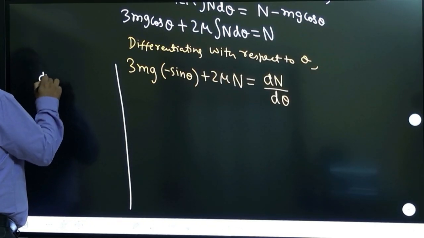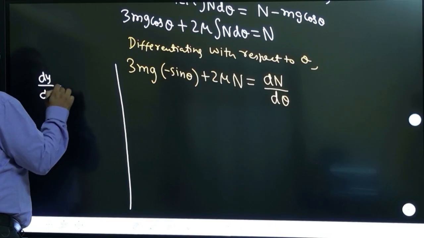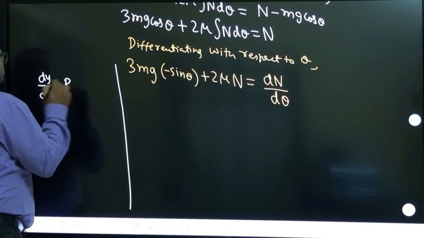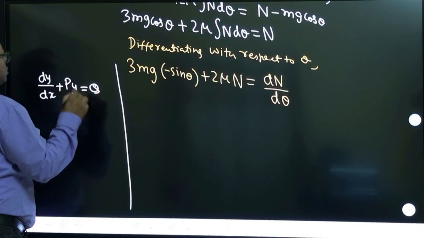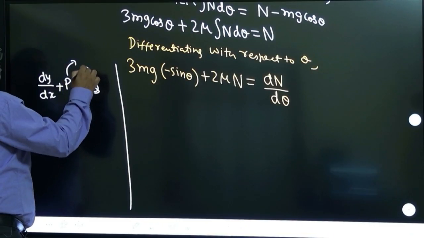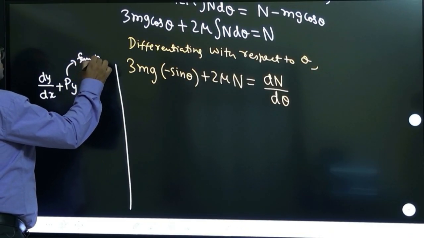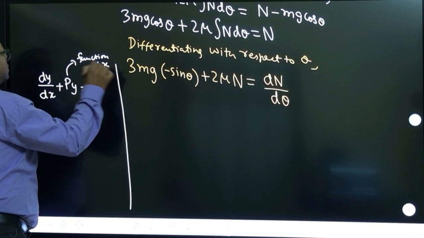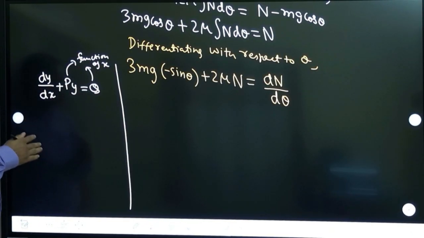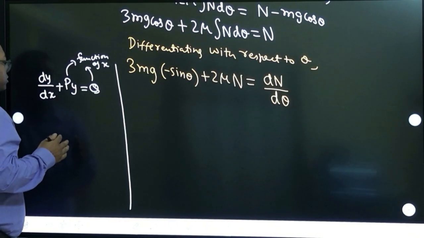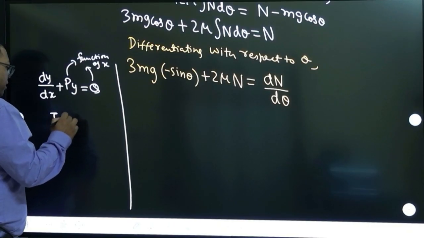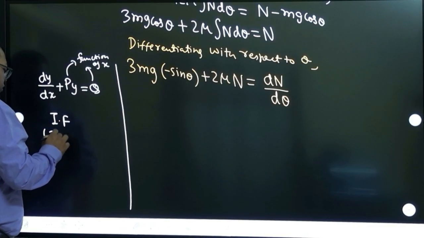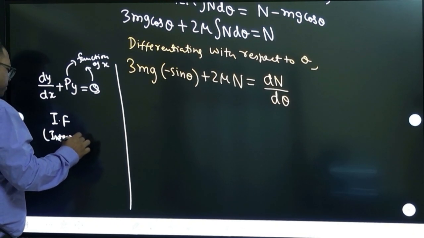So dy by dx plus p times y is equal to q, where p and q can be functions of x. Then we can solve this equation. To solve this equation, we need an integrating factor, called IF.